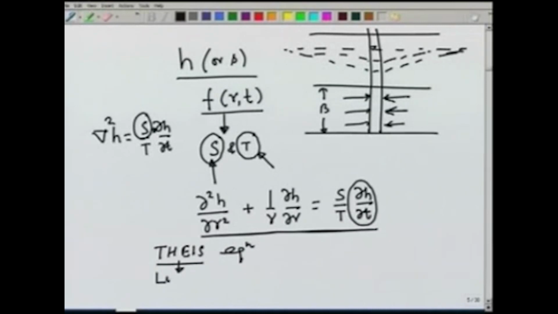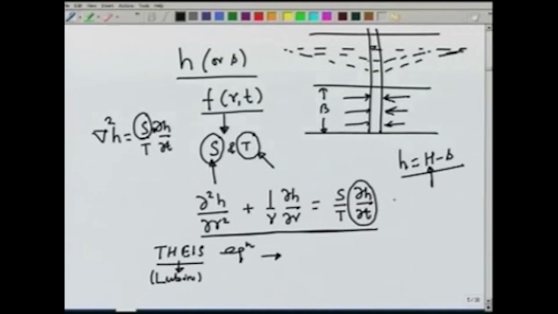In fact, Theis and Lubin both contributed to this solution, but it is commonly known as the Theis equation, which relates S, because as we know H is H minus S, H is a constant. So, the same equation can be written in terms of the drawdown.